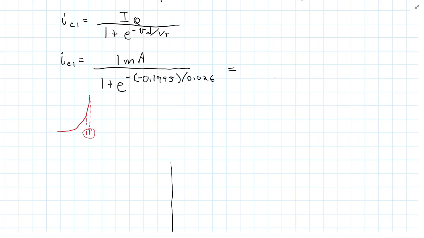Because when I do this computation again, finally, what I actually wind up with is 0.465 microamps is what the current is, not 465, 0.465 microamps for IC1. And we know that IC1 should be 0.01 milliamps, which would be 10 microamps.